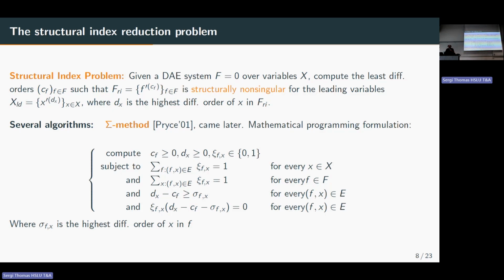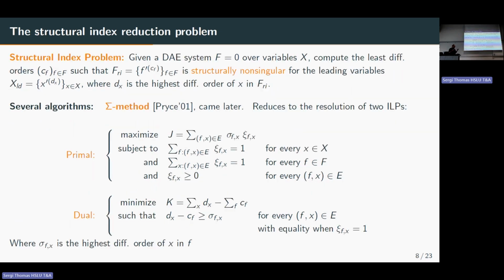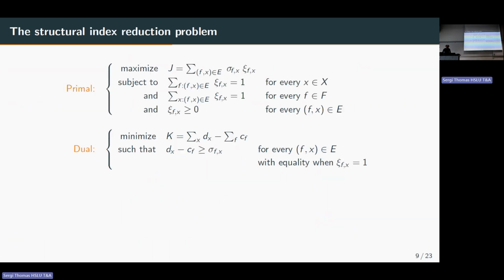The nice thing about the work of John Price is that he said, well, this is a complementarity condition, and we can use the complementary slackness theorem in linear programming to split this problem in two parts, in two dual linear programs that are here, but I will not comment. The primal problem is actually a well-known graph theoretic problem.